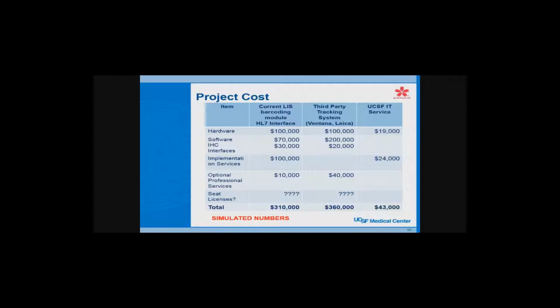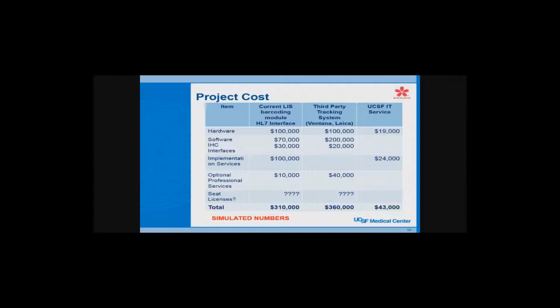But just looking at this, obviously it's a huge cost. Hardware alone is $100,000. Just the barcode scanners, those handheld scanners that you use, we spent over $30,000 on those because we have over 100 seats that use them. Our histology lab is the smallest part of it. We have maybe 20 scanners in there, but we have 60 pathologists, 25 residents, and a dozen or so administrative people and supervisors.